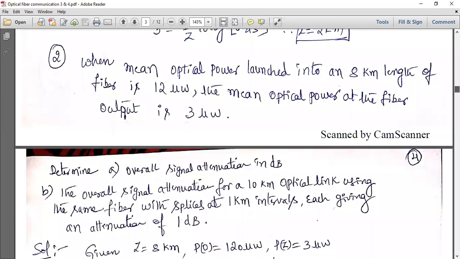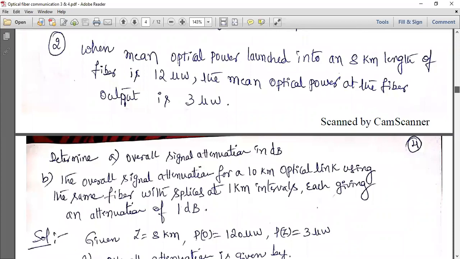So the optical power is given. Z is equal to 8 kilometer. P of 0 is 120 microwatt, at the initial side. P of Z is the output power; after 8 kilometers, the remaining power will be 3 microwatt.